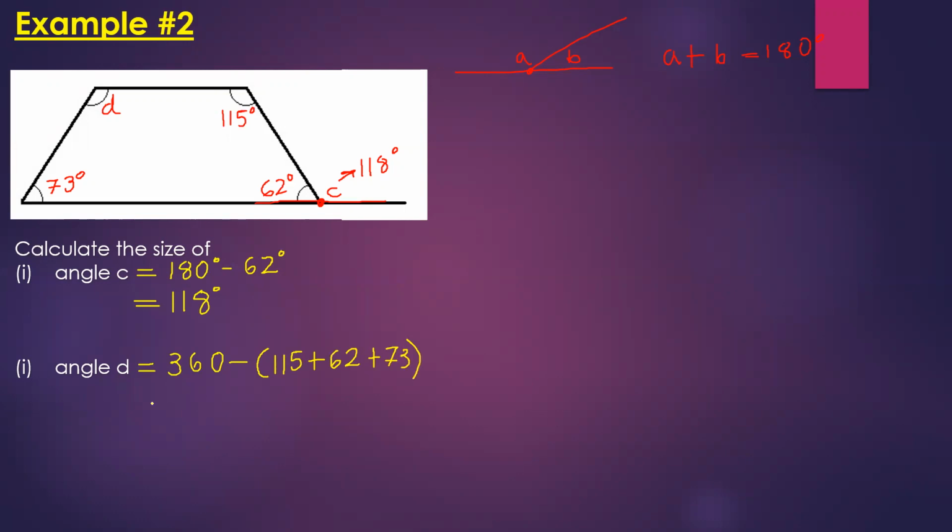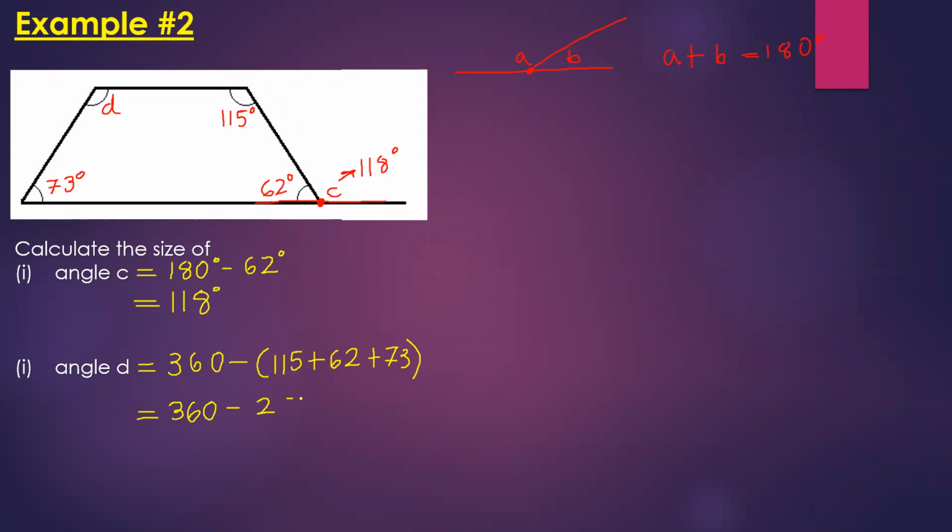All right, so it's going to be equal to 360 minus what? 115 plus 62 plus 73 is 250. That's 250 for real.